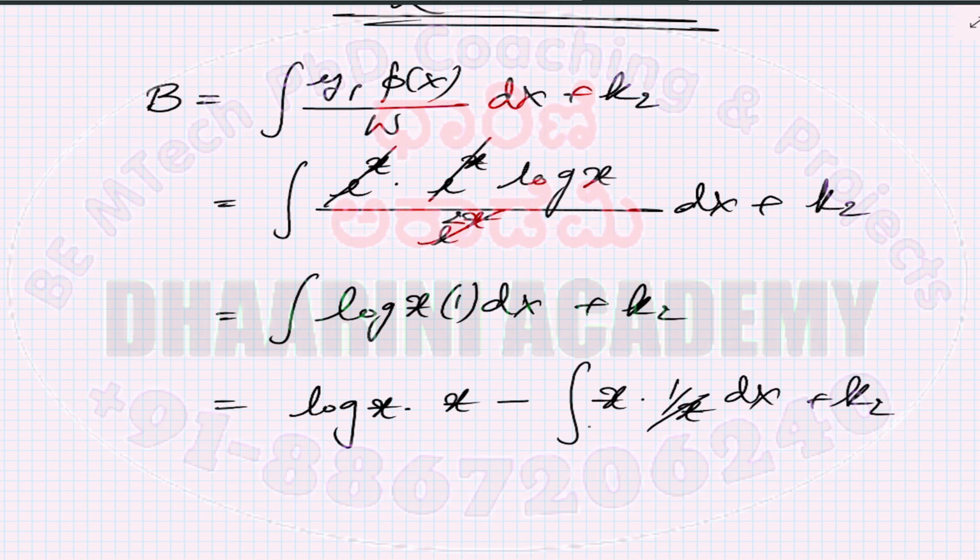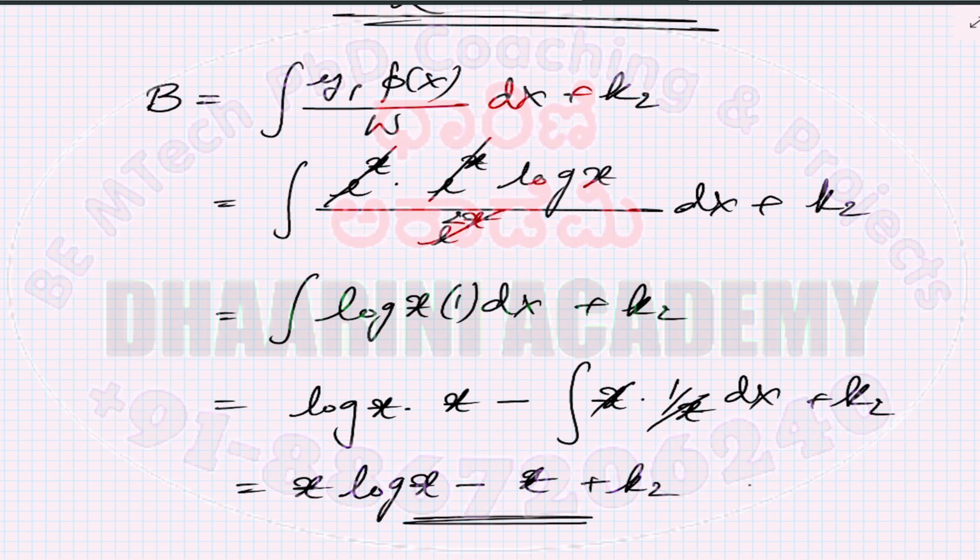So this cancels. So this is x log x minus x, plus k2. This is equation number 4 corresponding to b.